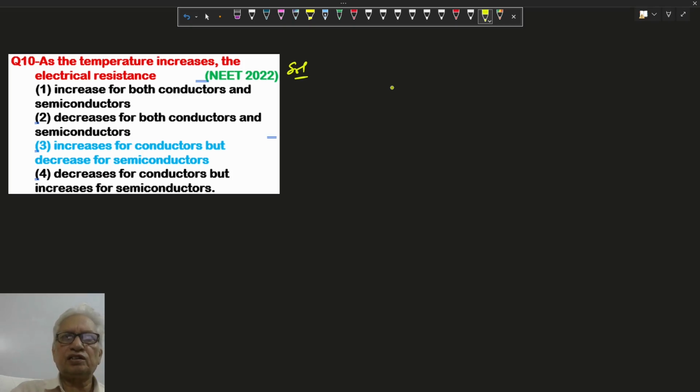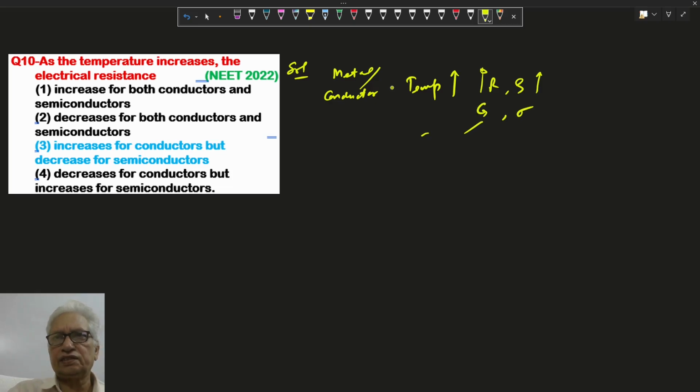In this question, we know that for a metal conductor, if we increase the temperature, resistance and resistivity increase, and the reciprocals, conductance and conductivity, decrease.